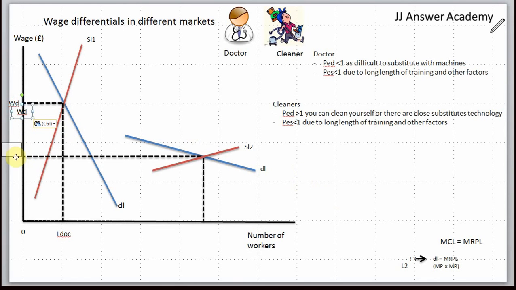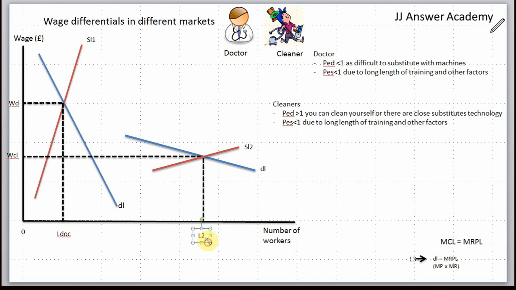Did you do it on different graphs? No, I've done them on the same graph, and that's perfectly fine, yeah. Because there's a massive amount of workers for cleaning, that is why it's quite far away from zero, isn't it? Yeah, that's what I'm thinking.